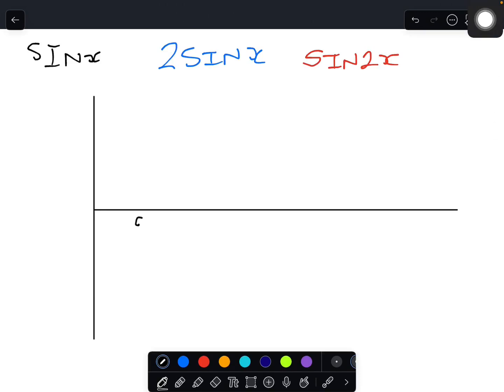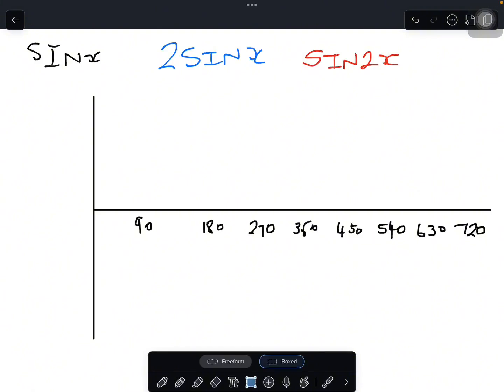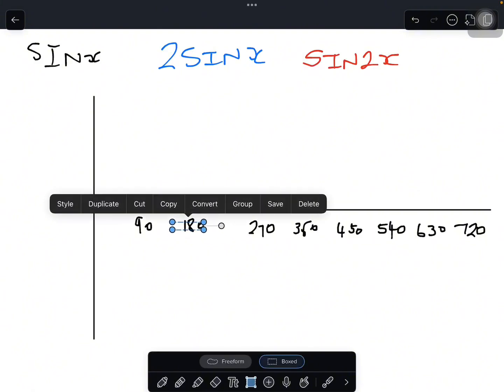Okay, we're going to go 90, 180, 270, 360, 450, 540, 630, and then finally 720. Okay, let's make this a bit more accurate.